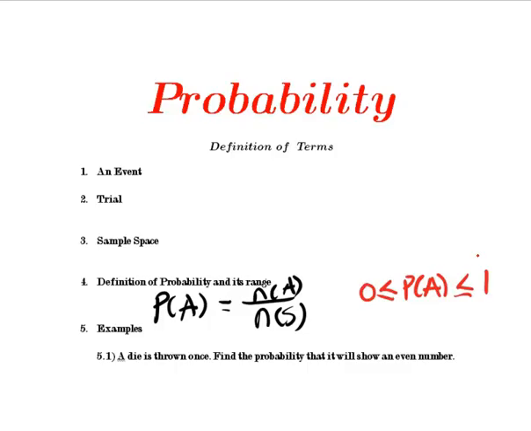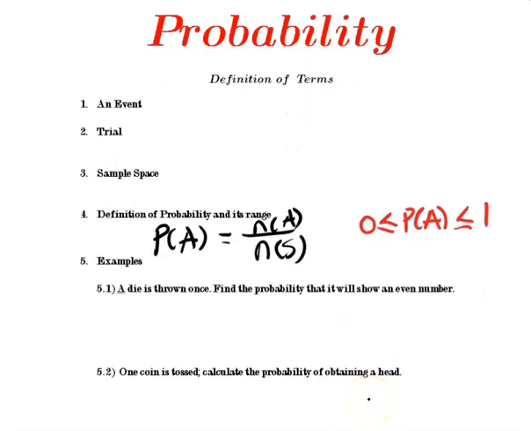Okay, let's look at examples here. A die is thrown once. Find the probability that it will show an even number. The first thing is for us to obtain the sample space. When a die is thrown once, what is the sample space?